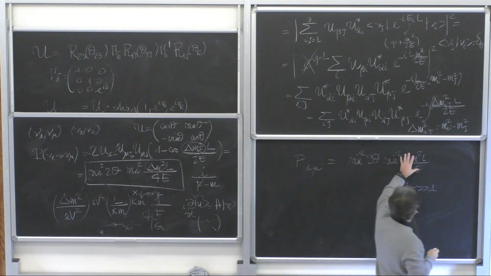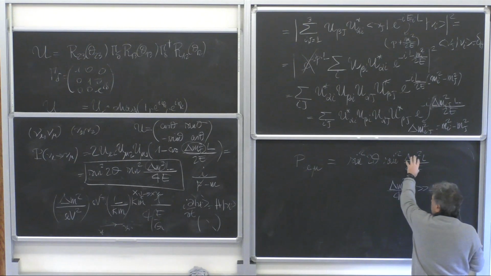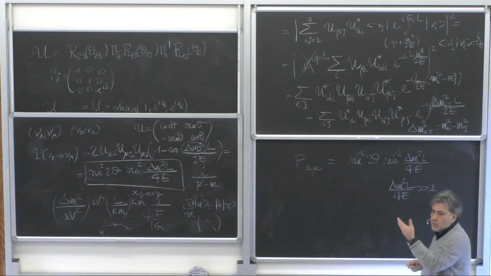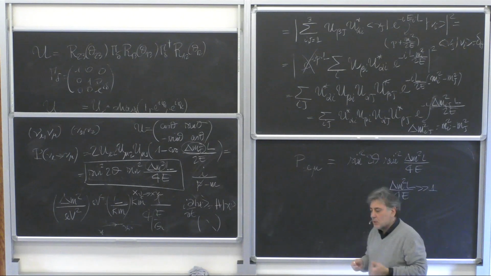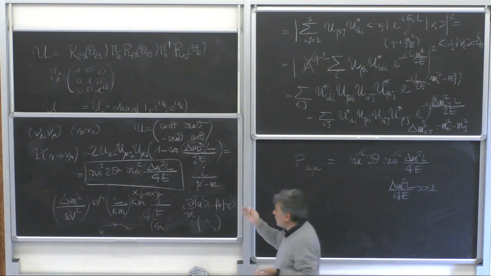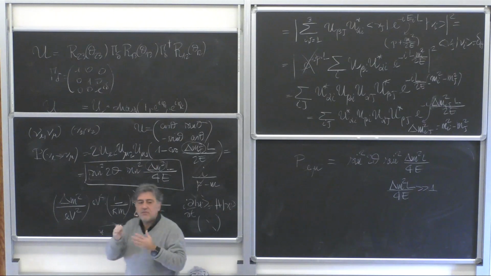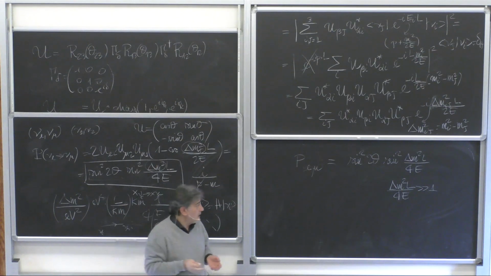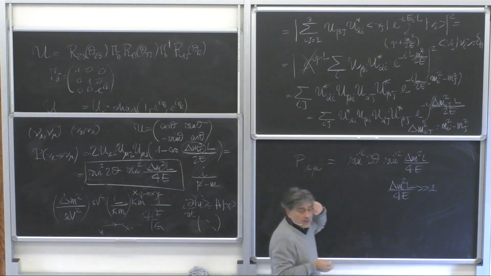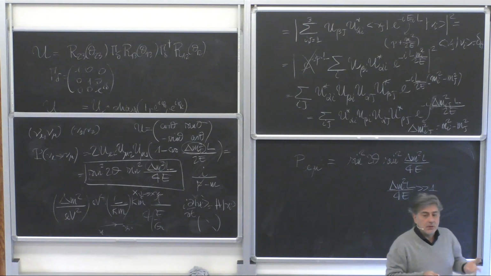Or you can expand this if the argument of the sine squared is much less than 1. So there are many cases in which you can do different approximations for a probability, especially in the 3 neutrino case.